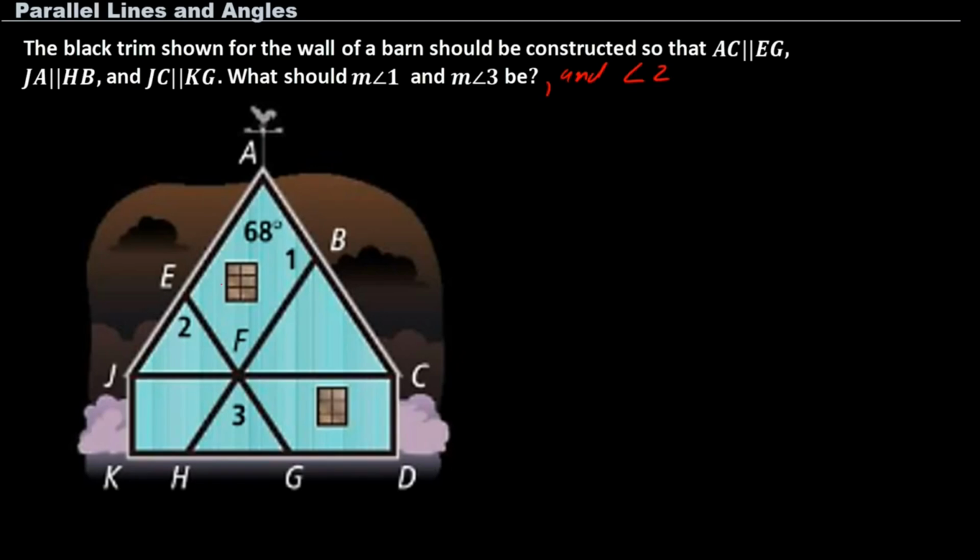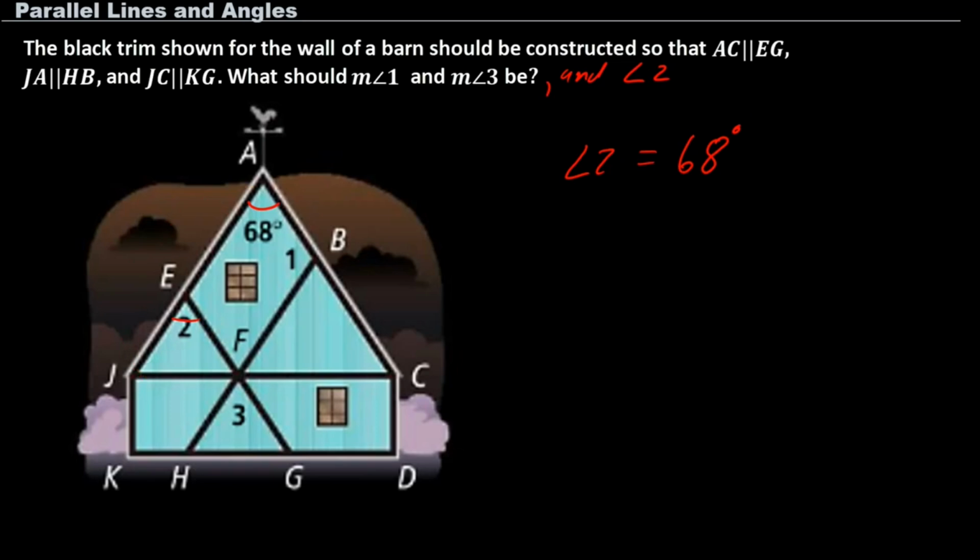So if we look at angle 2, because it's parallel lines cut by a transversal, we have a pair of corresponding angles. So the measurement of angle 2 is just 68 degrees.